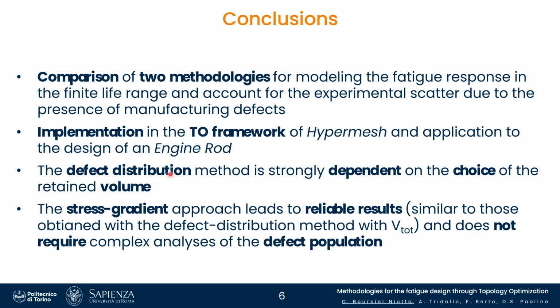We have seen that the defect distribution method is strongly dependent on the choice of the retained volume, while the stress gradient approach leads to reliable results and does not require complex analysis for the assessment of the defect distribution within the component, which makes it very useful and powerful for industrial application.